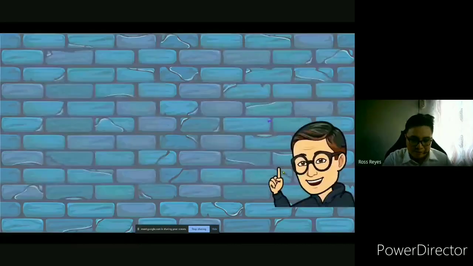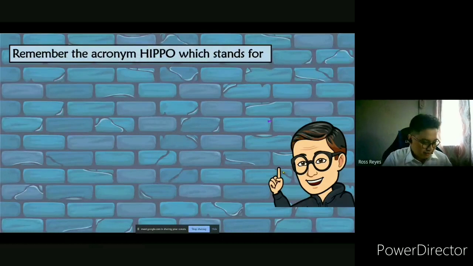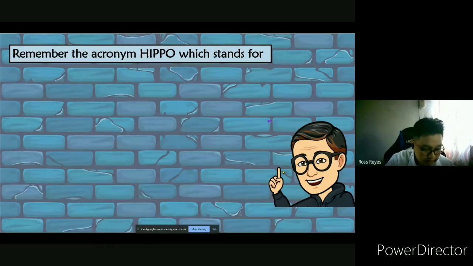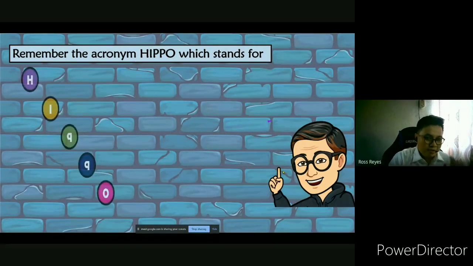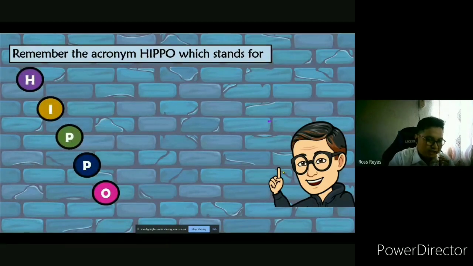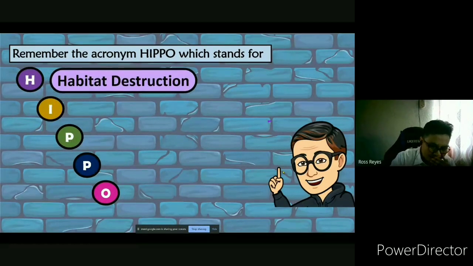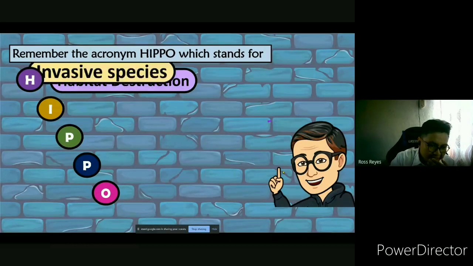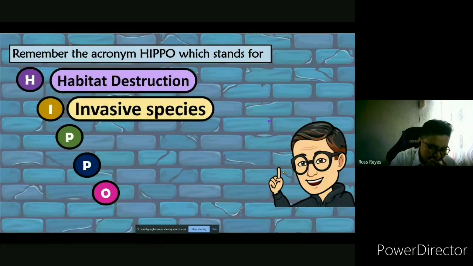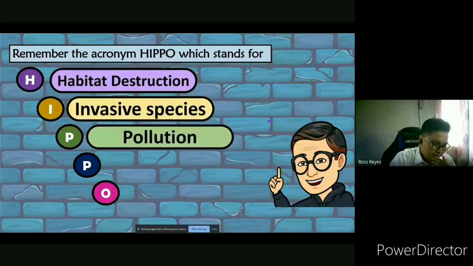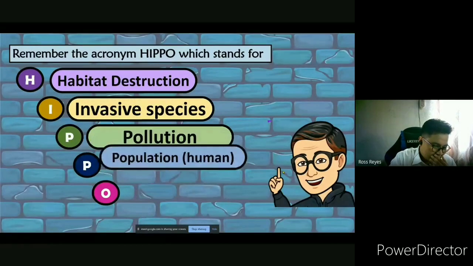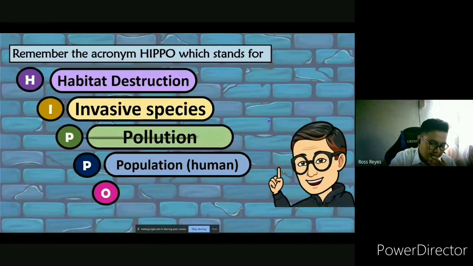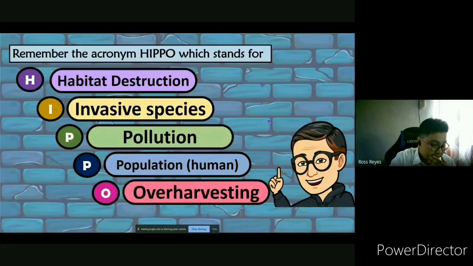All right. Moving on, I want you to remember this following acronym, which is HIPPO, which stands for letter H, habitat destruction, letter I, invasive species, P, pollution, another letter P is the population of human, and letter O, overharvesting.